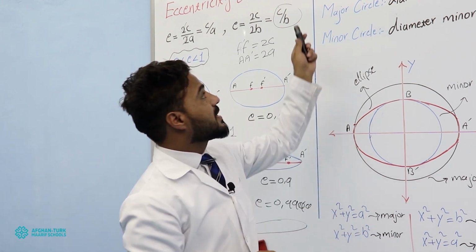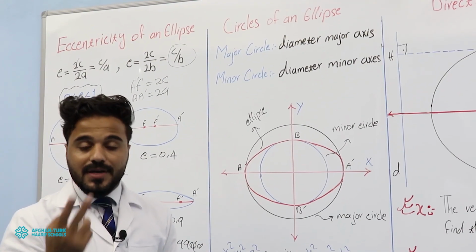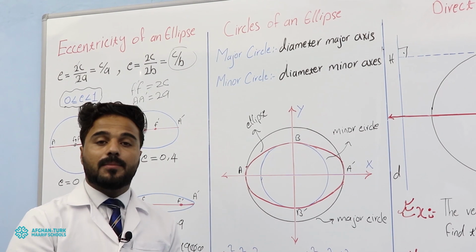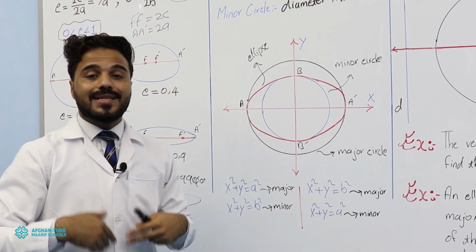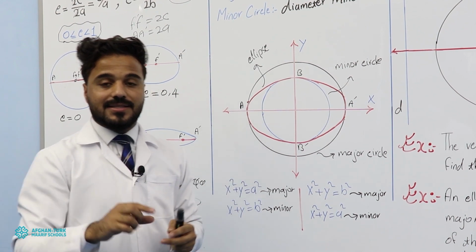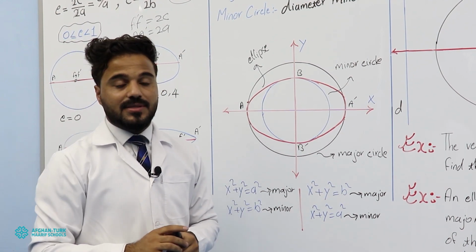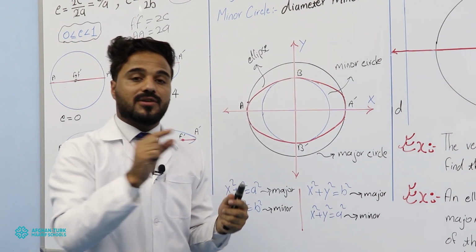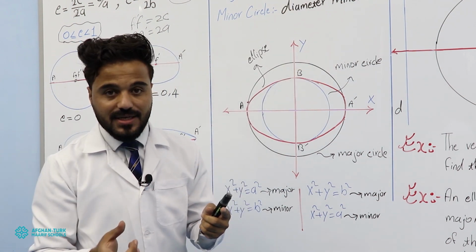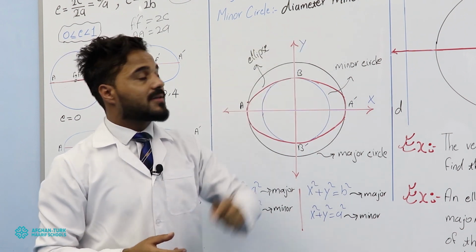Our next topic is circles of an ellipse. Every ellipse has two circles, major circle and minor circle. Major circle, when the diameter of a circle is the major axis of an ellipse, at that time we will have a major circle. But when the diameter of a circle is the minor axis of an ellipse, we will have a minor circle.